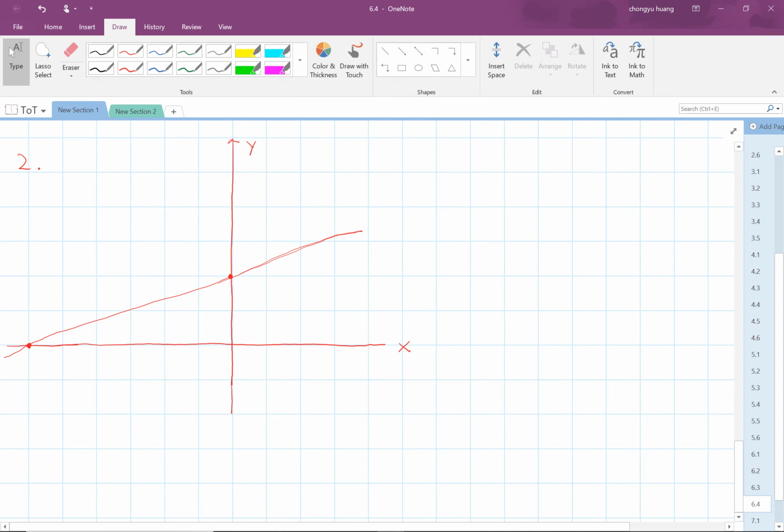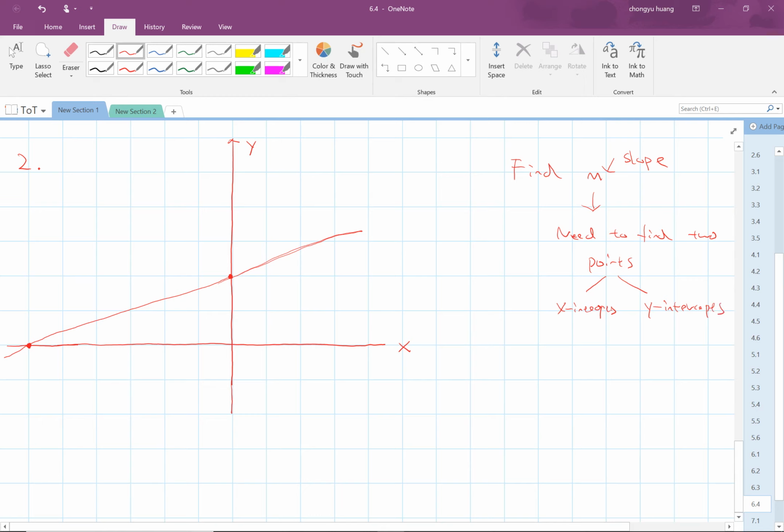Okay, so here what we want to find is n, the slope of the line. Okay, so how do we actually find n? We need to find 2 points, right? And as I said before, the easiest 2 points you can find are basically the x-intercept and the y-intercept, right?